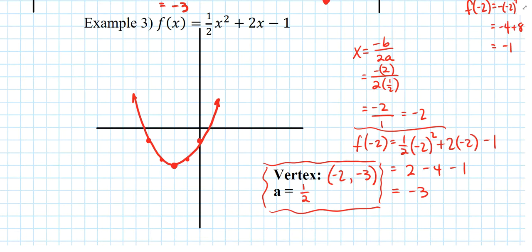The vertex calculated to be negative 2, negative 3, and the a value was 1/2. This forced the parabola to open upward with the height of each coordinate half that of the parent function.